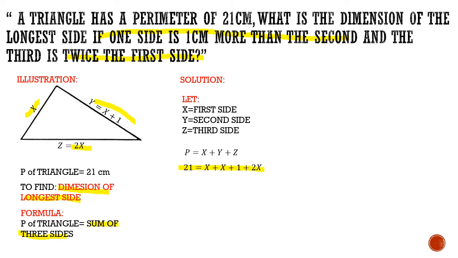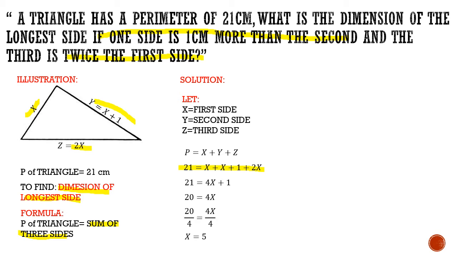So, just combining like terms, we got 21 is equal to 4x plus 1. So, by transposing positive 1 to the left side of the equation, so 21 minus 1, we have 20 is equal to 4x. So, we're going to divide it by 4 to have an x here.